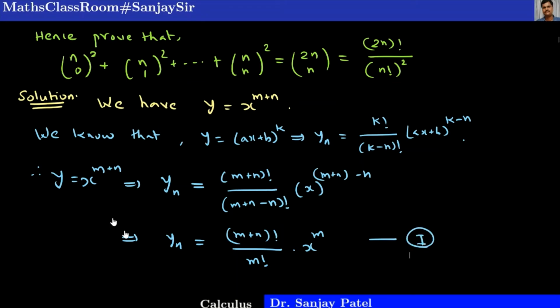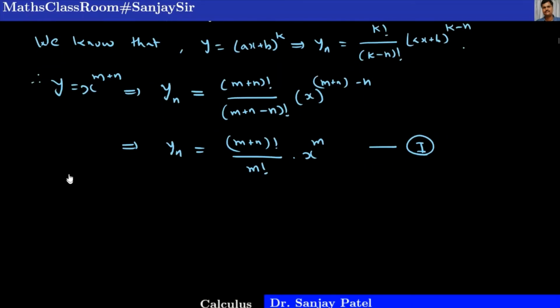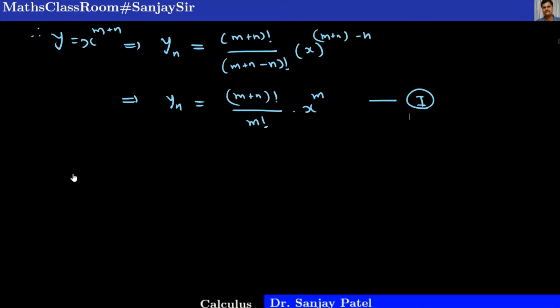Now we'll differentiate the same function y is equal to x raised to m plus n in a different way. So next step, for y is equal to x raised to m plus n, we can write y is equal to x raised to m into x raised to n.